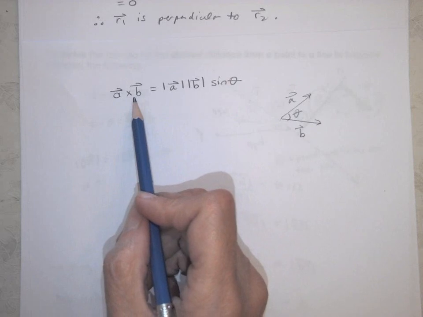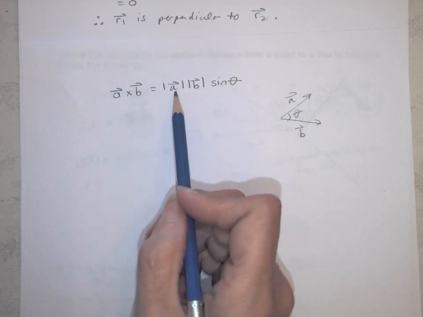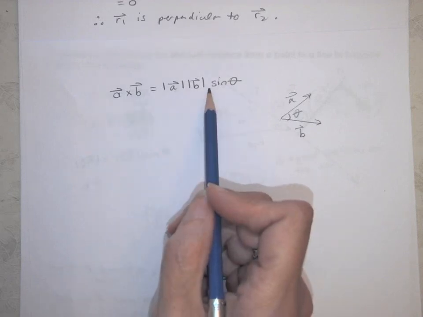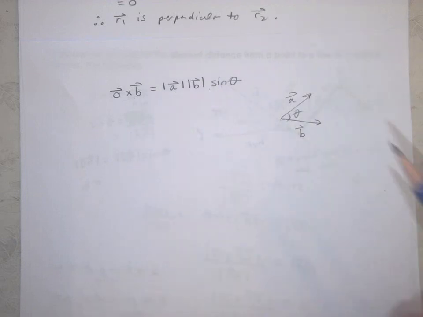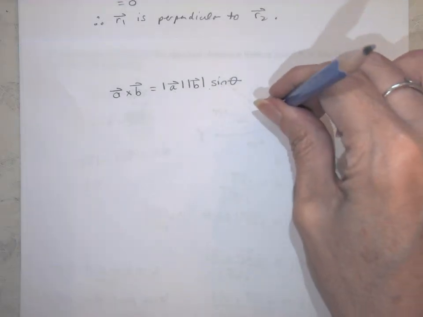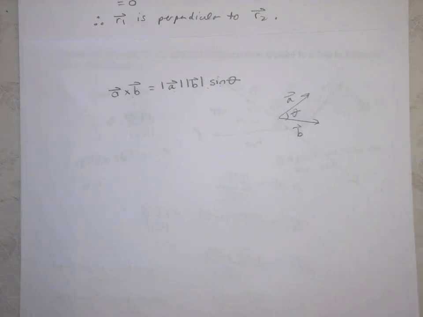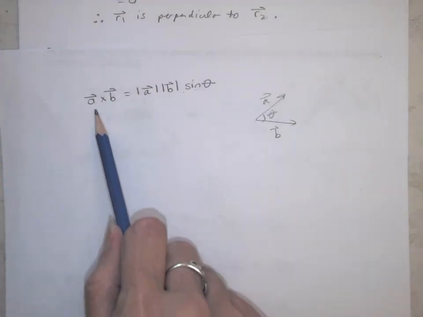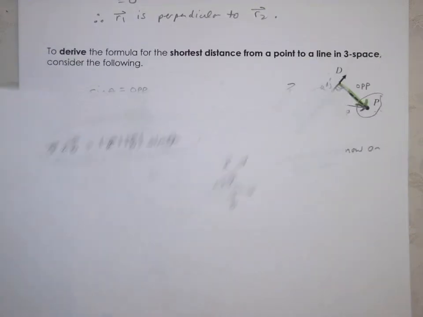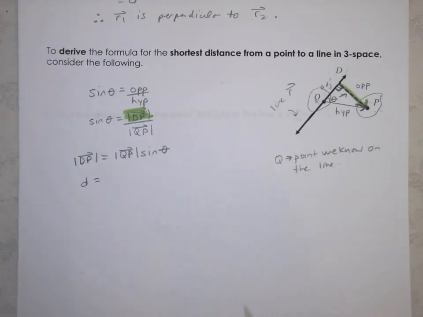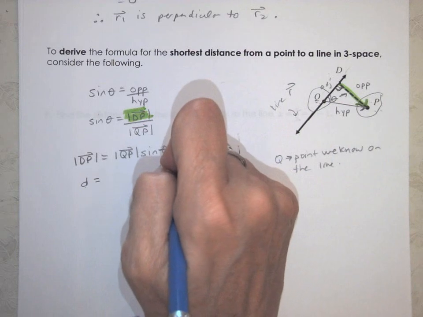The magnitude of their cross product is the magnitude of A times the magnitude of B times the sine of theta. We know that gives us a vector perpendicular to both of them. That's our geometric definition.